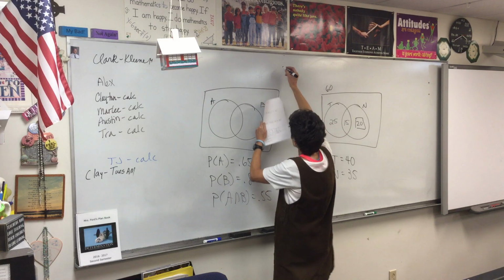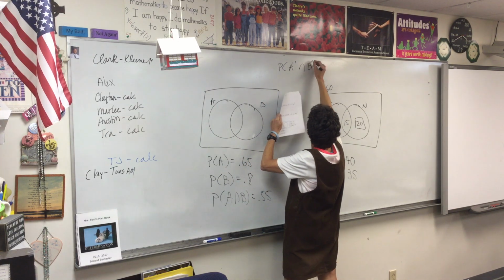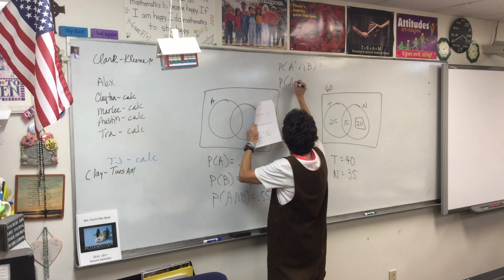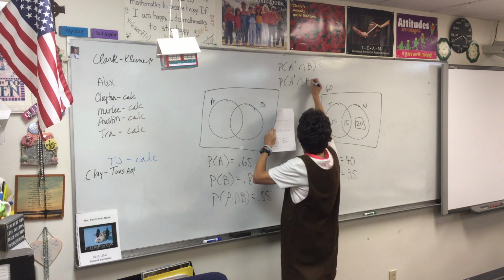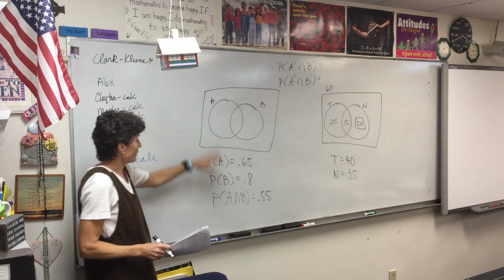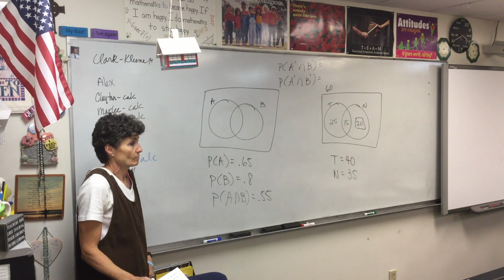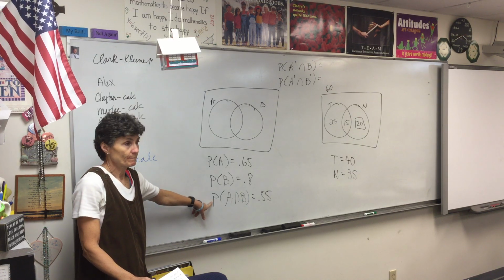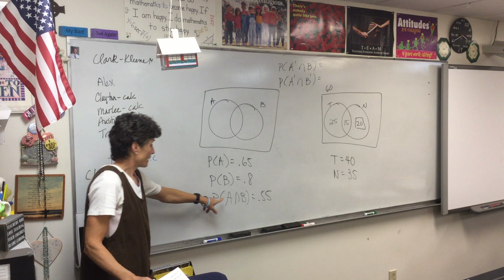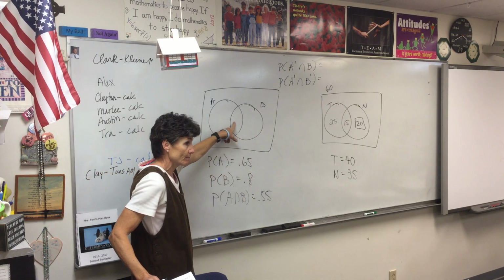All right, so here we go. How do I start? What happens here? What do I need to do? What does this mean? A and B. Wouldn't that be the football?